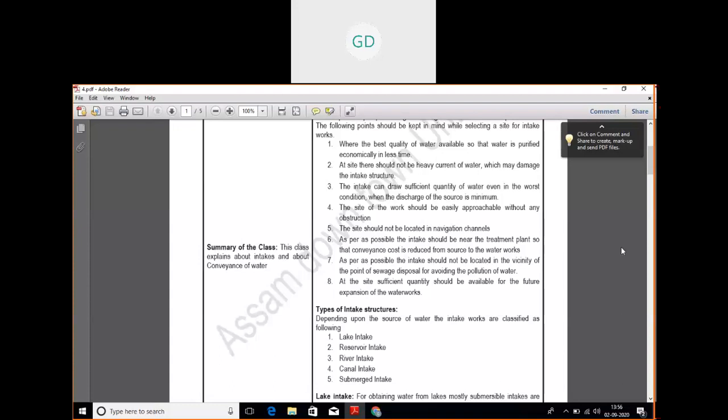You can write down number one as simple submerged intake. Simple, you write down the word simple. Simple submerged intake.